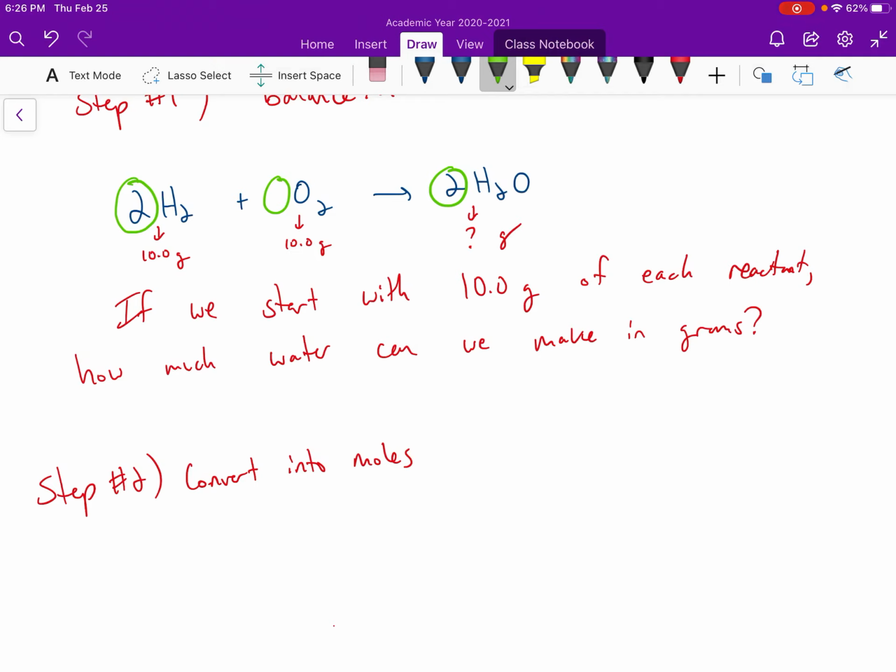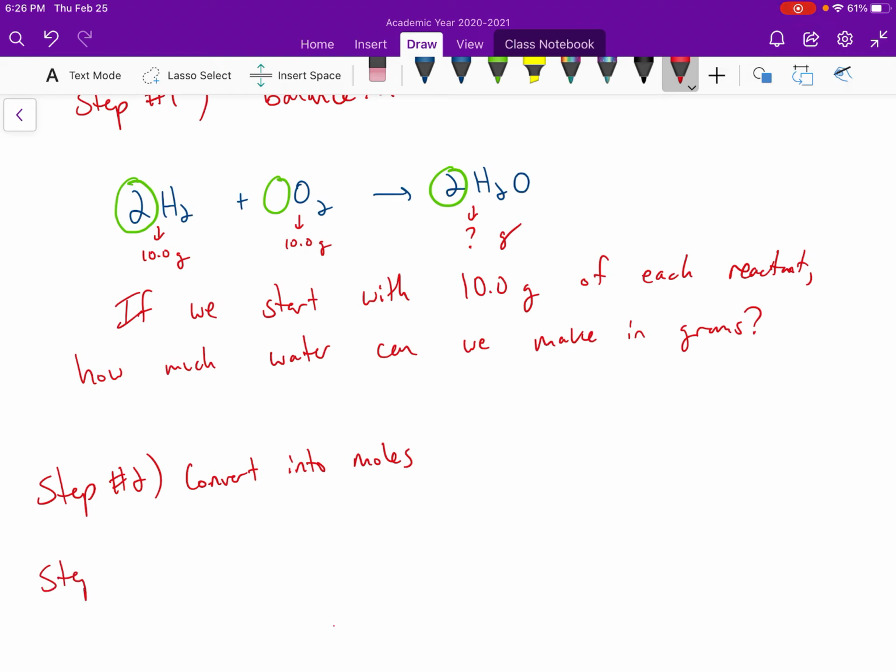I need a 2 to 1 ratio of hydrogen to oxygen. And that's in terms of molecules, not mass, right? I don't need double the mass of hydrogen. I need double the amount of atoms of hydrogen, and so on. So by converting this into moles, I can then use the ratio that I created in the balanced equation, okay? So that's the first thing we're going to do, convert to moles.